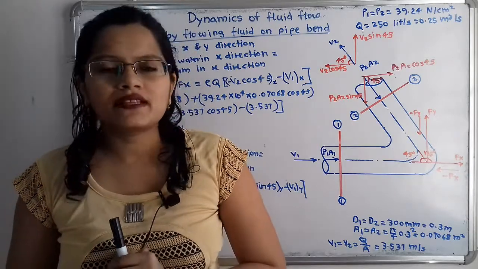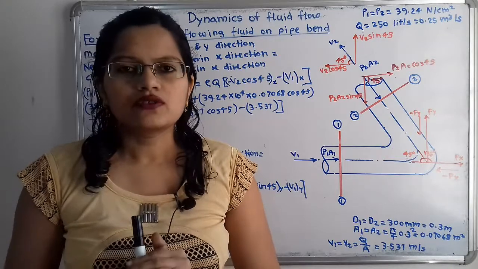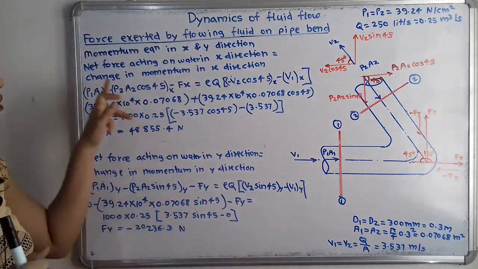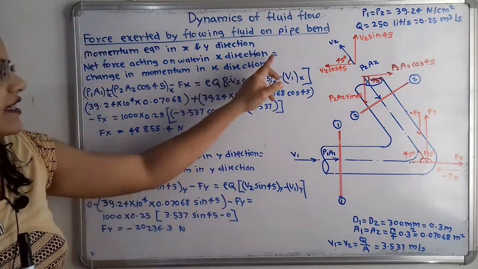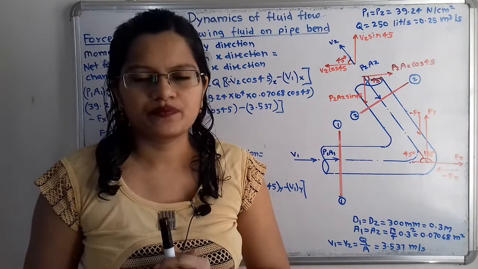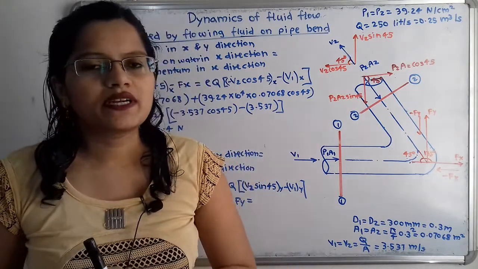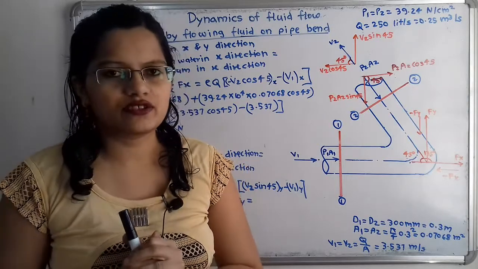Now we will apply the momentum equation in the direction of x and y. So how to write it? Net force acting on water in the x direction is equal to the change in momentum in the x direction. What is the change in momentum? That is mass multiplied by change in velocity in the direction of x.